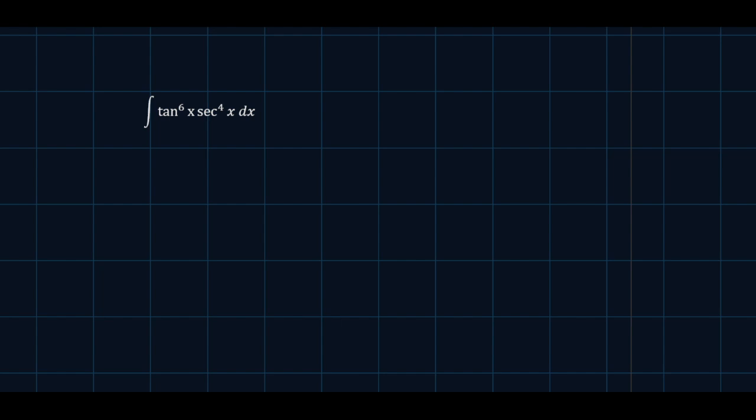Okay, this falls under case 1, wherein we're going to separate a factor of secant squared. So, tangent to the 6x times secant squared x times secant squared x dx.